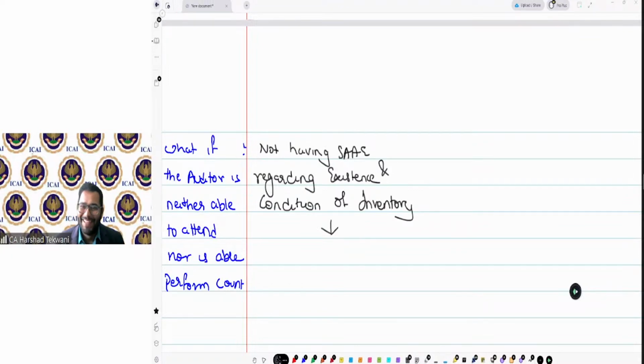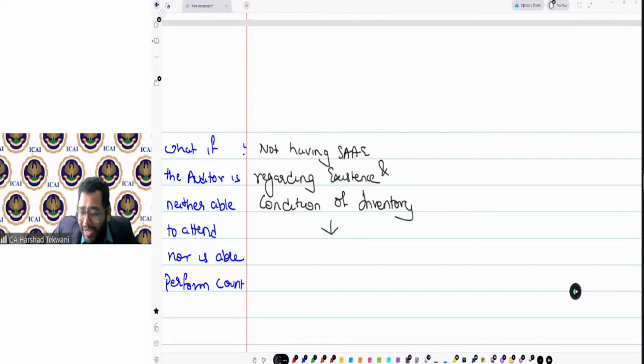Good, Shruti. Very good. But let's say, for example, neither of the audit team members is able to go, including articles. If the auditor is not able to go, including his team members, then what to do? Neither the audit team member nor the expert is able to go to that particular place because of XYZ reason.